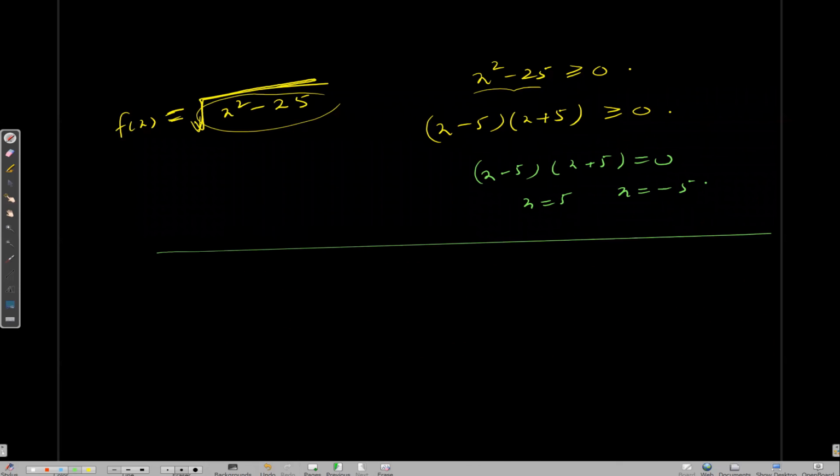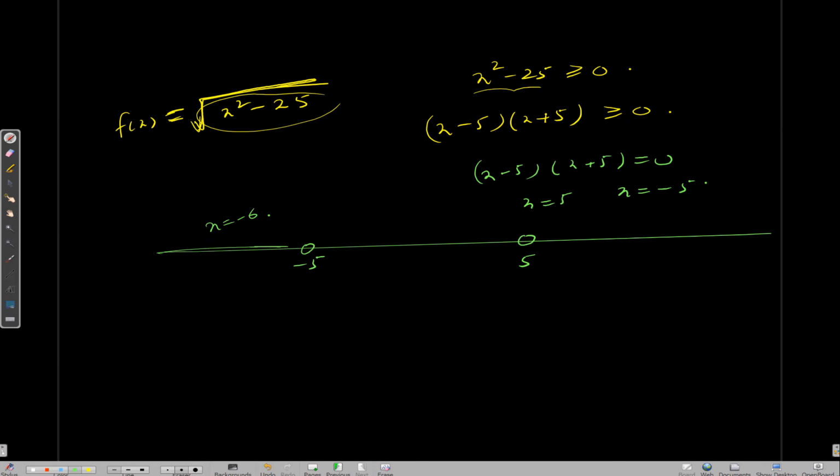Now take your number line. Again, I will be talking about polynomial inequalities in detail later. These two numbers break your number line into three regions. Check with your favorite number. In this region, let's say x equals negative 6.